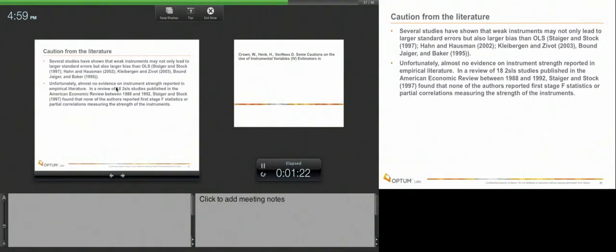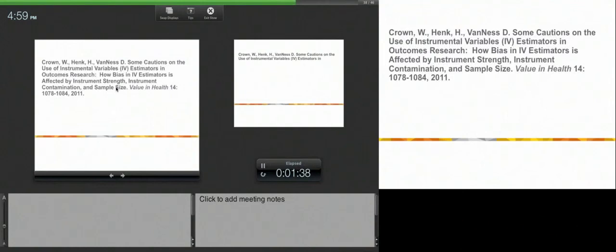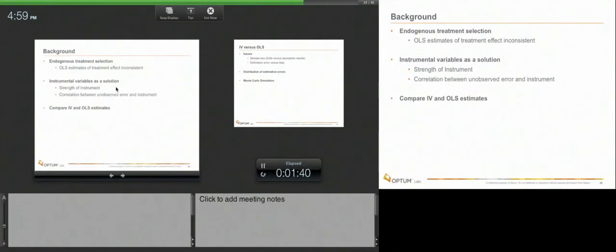So basically what we did was replicate the Bound, Jaeger, and Baker results with an empirical simulation where we knew what the treatment effect was, and we just went right through their paper. We also looked at sample size, which is important in the big data environment.